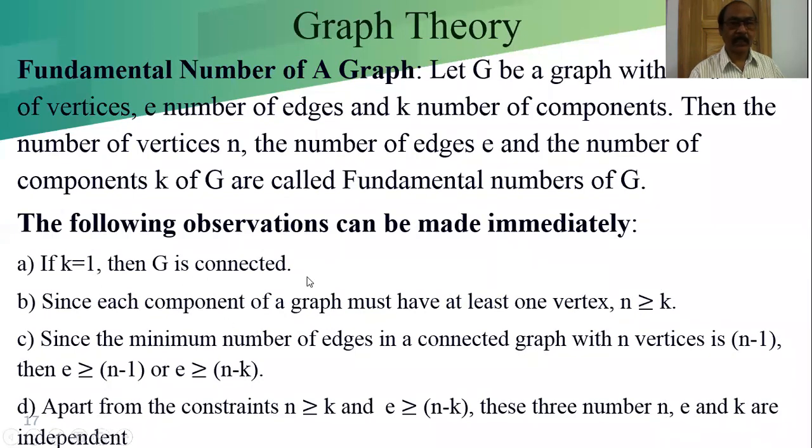If k is equal to 1, then it is a connected graph. For a disconnected graph with k components, n is greater than or equal to k. And as we know, for a connected graph the minimum number of edges is n minus 1, so e is greater than or equal to n minus 1. From the k-component disconnected graph we can say e is greater than or equal to n minus k.